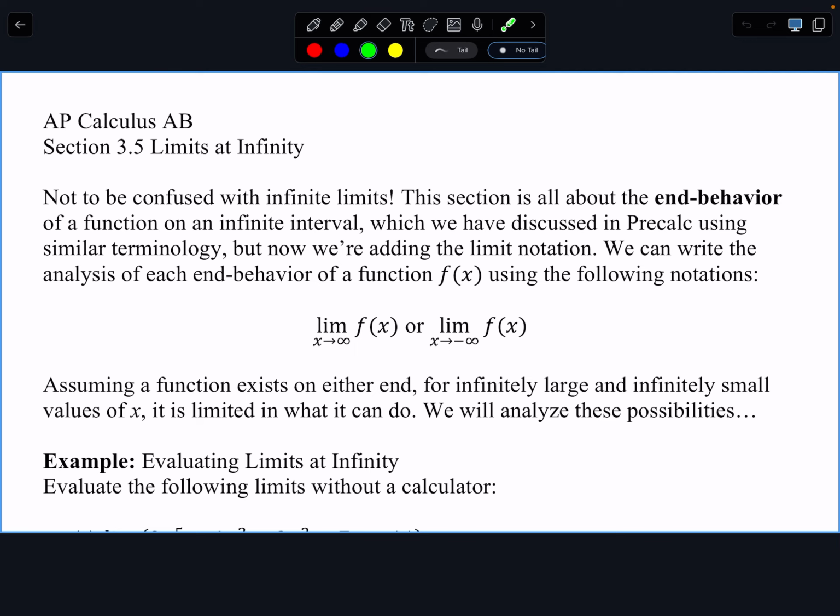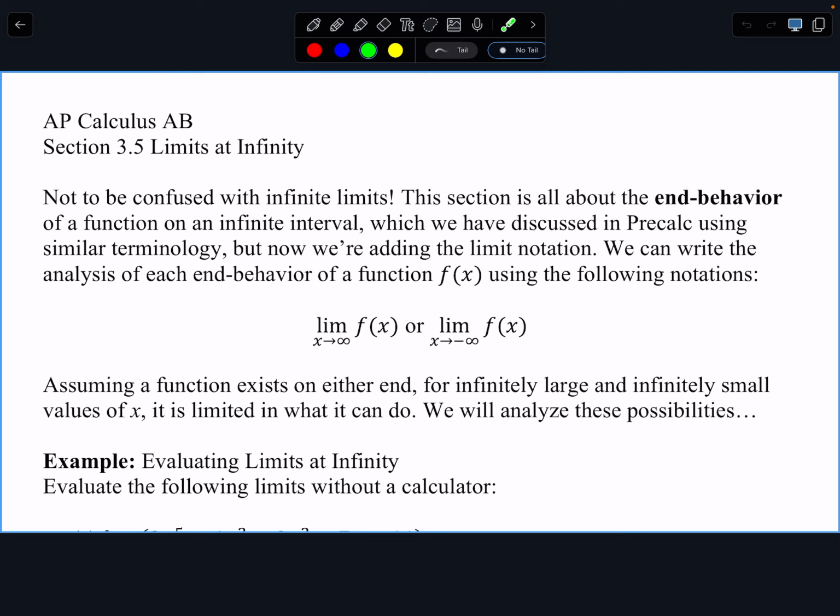But again, this should feel super familiar because anytime we're thinking about limits as x approaches positive or negative infinity, we're thinking end behavior, right? And so previously, we've thought about end behavior.